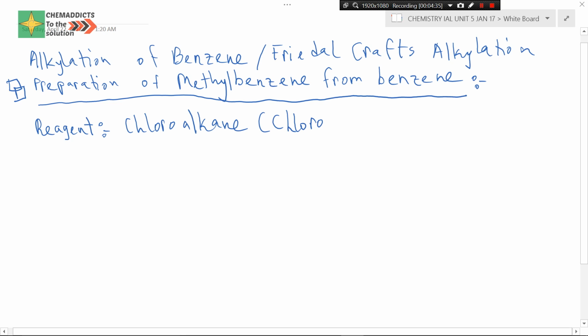Since we are preparing methylbenzene from benzene, the main reagent for this reaction would be chloromethane. Since we get methyl from methane, we need to have chloromethane.